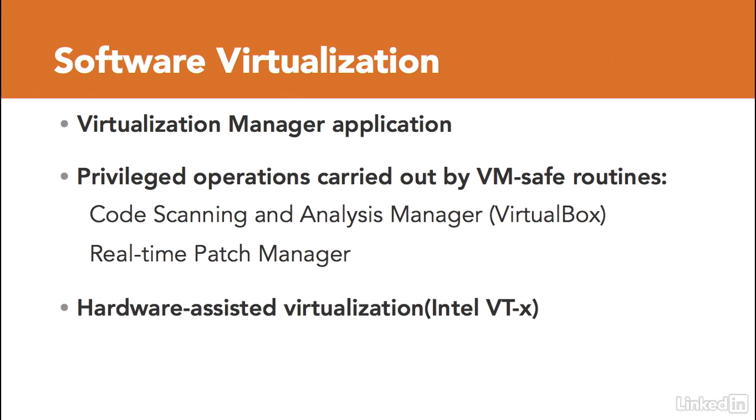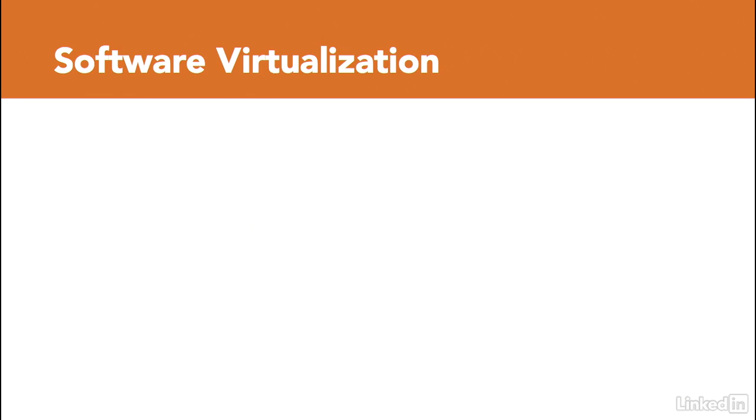Processors such as the Intel VTX include hardware-assisted virtualization to enable virtual machines to maintain their own address space and deliver additional performance. Two popular software-assisted virtualization systems for Windows are VMware and Oracle's VirtualBox.